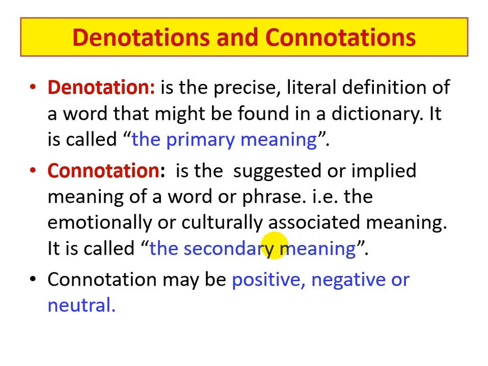The connotation is the implied, suggested, or associated meaning of the word or the phrase. And this varies according to the social background, the cultural background, among others. And connotation, as stated before, may be positive, negative, or neutral. I mean the secondary meaning of the word may be positive, negative, or neutral.